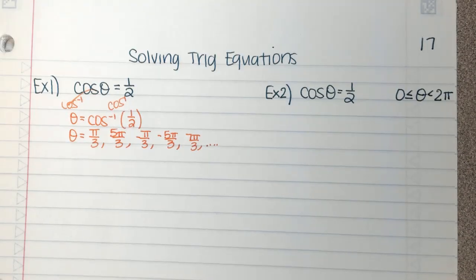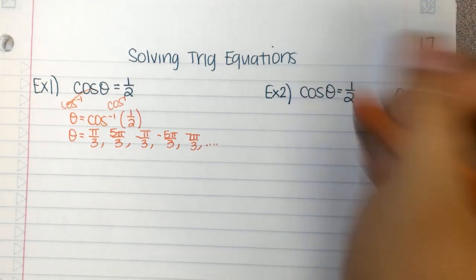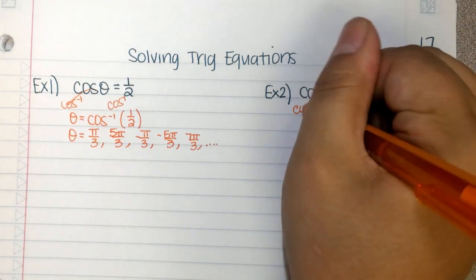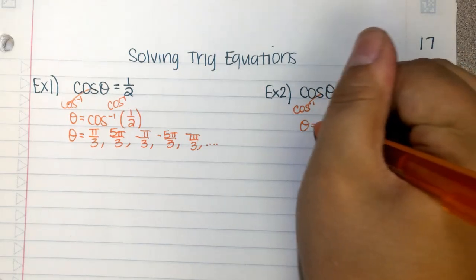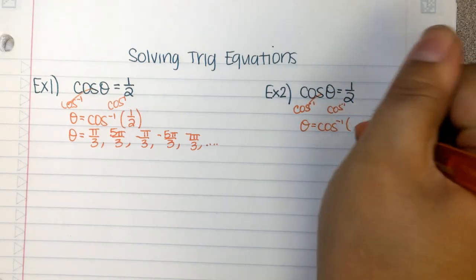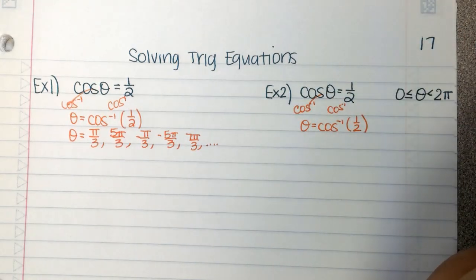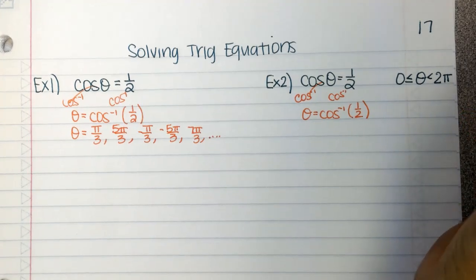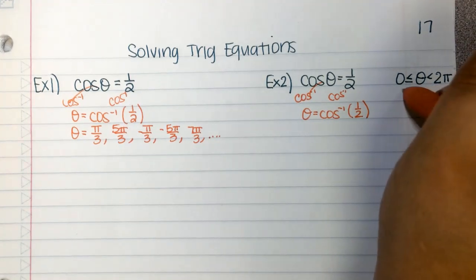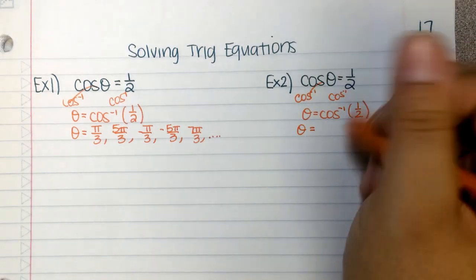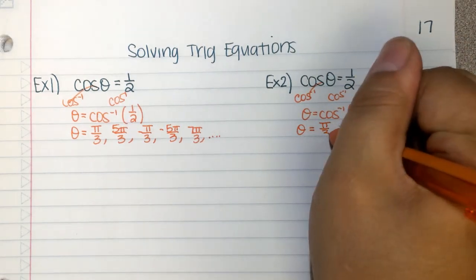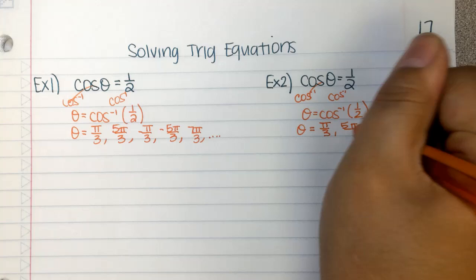If I give you an interval of your unit circle, we're going to do the same thing. Inverse cosine to both sides. What is the inverse cosine of 1/2 on this interval right here? What would theta equal? Pi over 3 and 5 pi over 3 only.